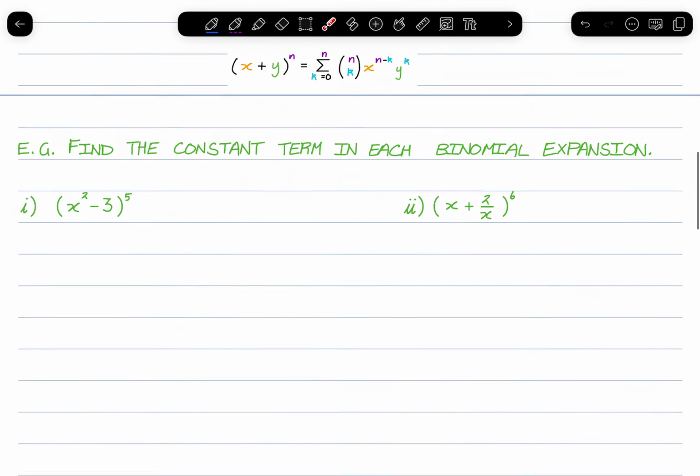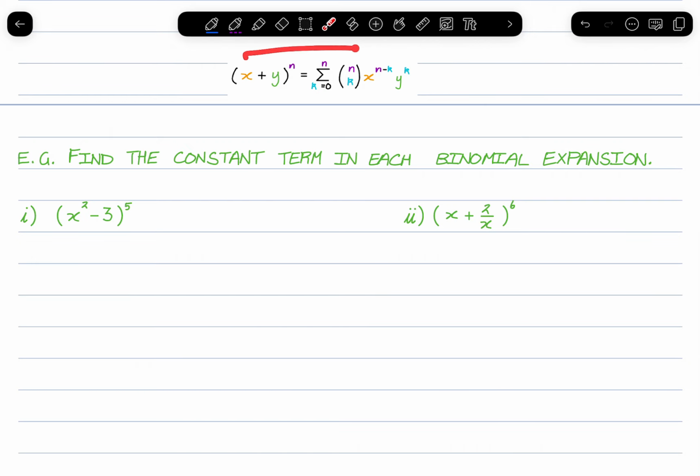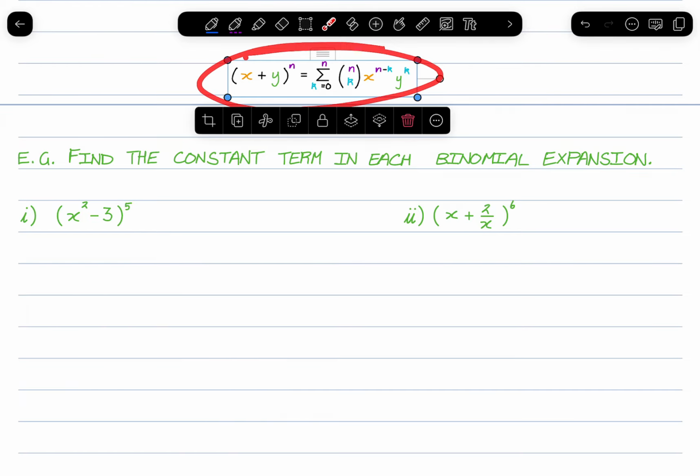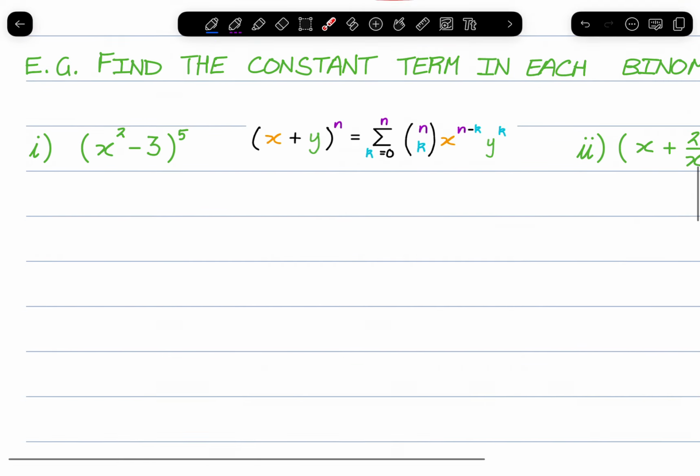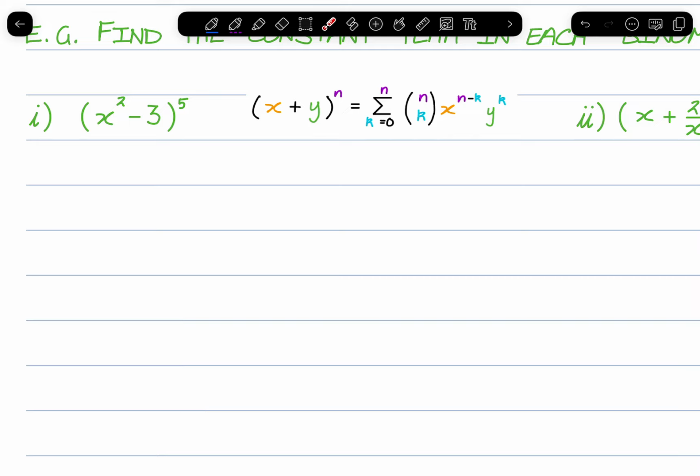So here we go. We're going to utilize this general form, and this will require a little bit more algebra. Following along, for this first term, I'm going to say n choose k. It still is going to be k, so in this case, 5 choose k, equals x, in this case the entirety of x squared.